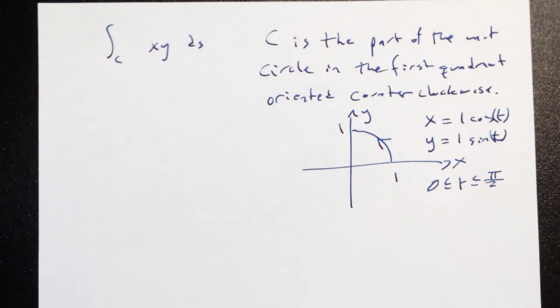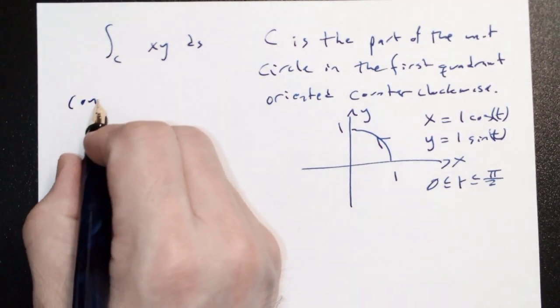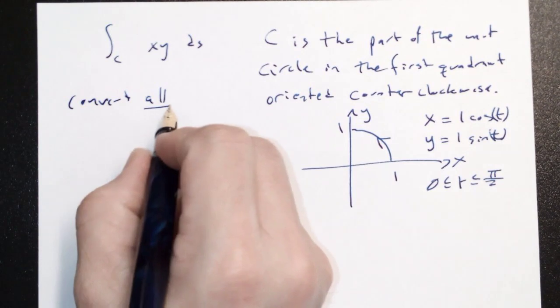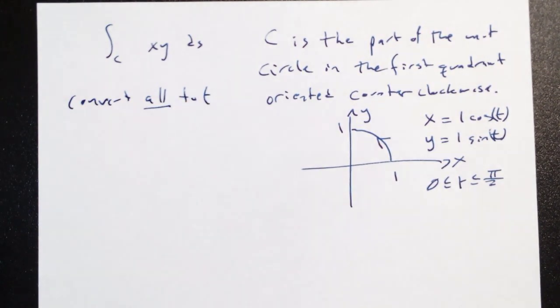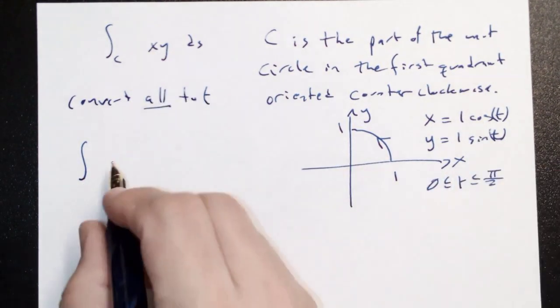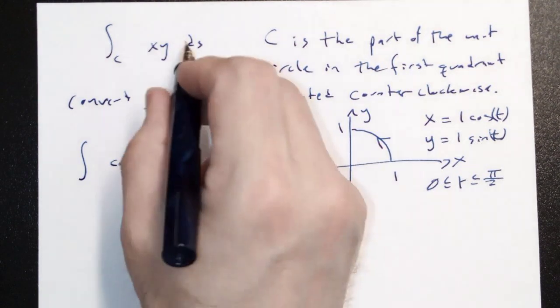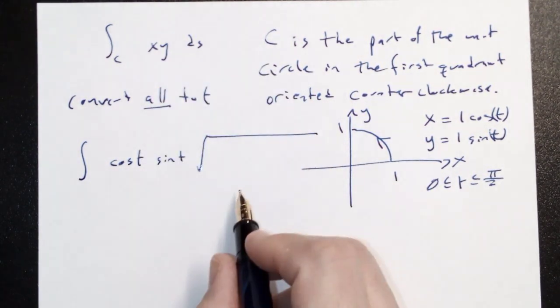Hang on a second. This integral becomes the integral of x times y, cosine t times sine t, ds.